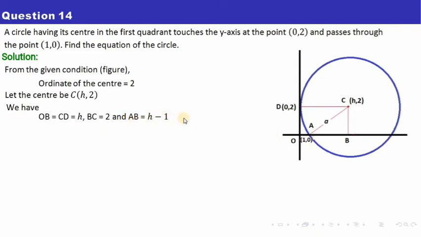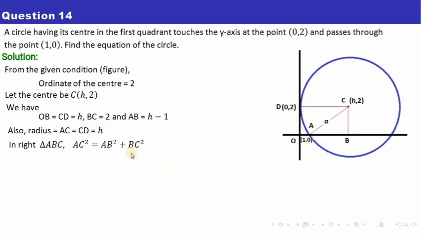Now, why am I doing that? Because I need to use the Pythagoras theorem in this particular triangle. So that's why I need AB, which is h minus 1. And we have the radius. CD and AC both give me the radius, and CD is equal to h, so my radius will be equal to h in this case.